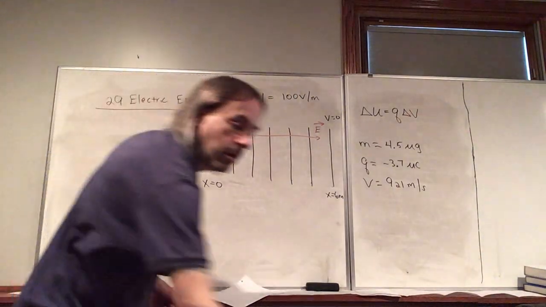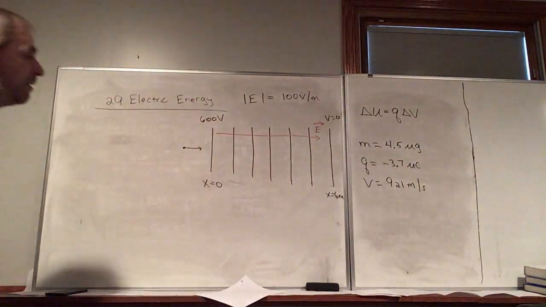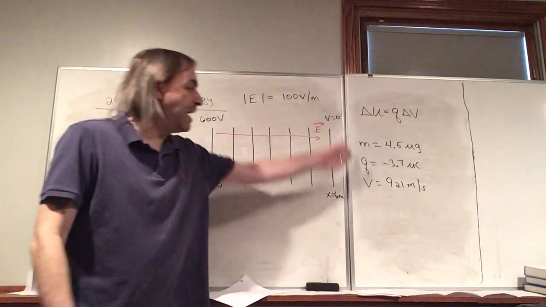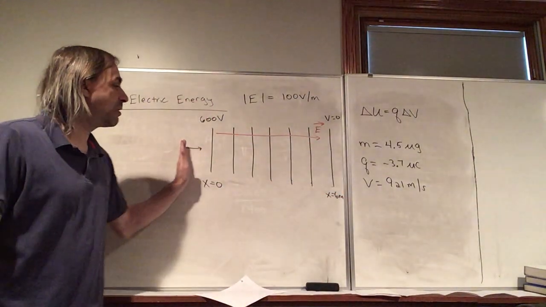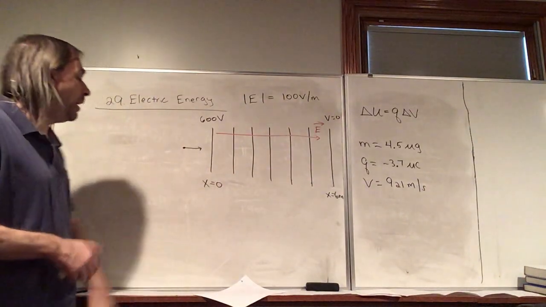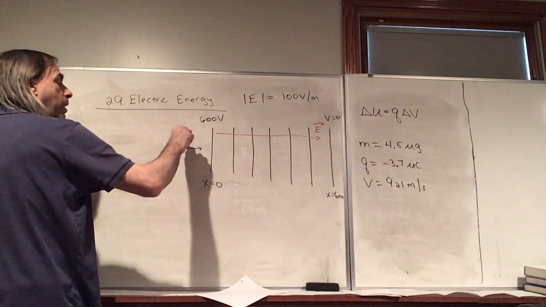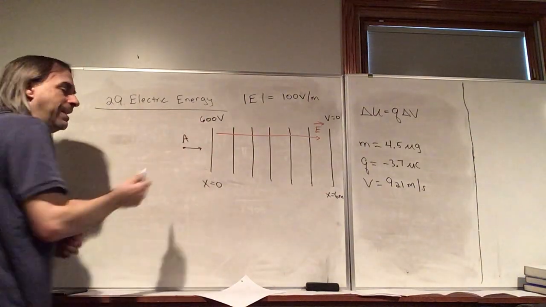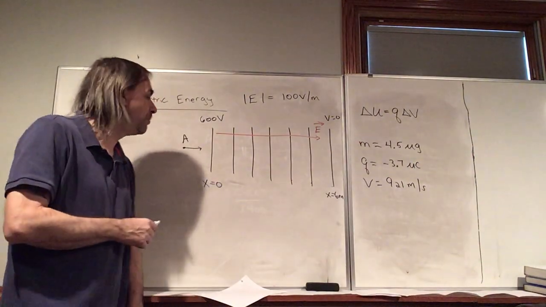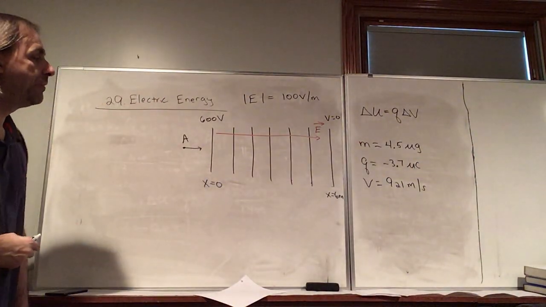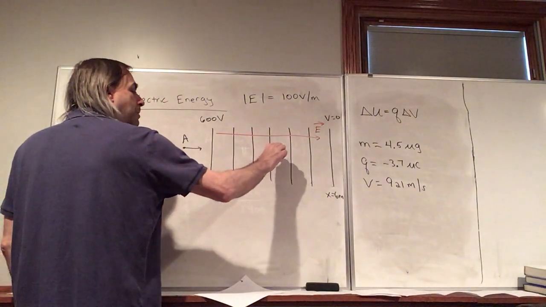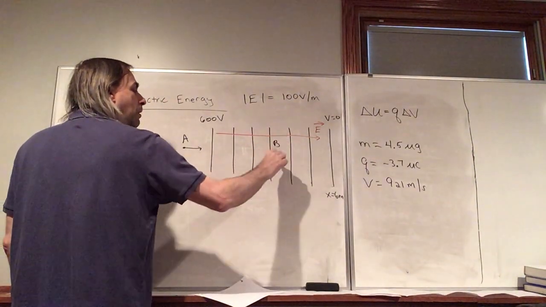Okay, so the setup part is mostly done. We have all the information we need. We just want to know how far this particle is going to go before it stops. So I'm going to label this point A. It's not in the electric field yet. We'll say this whole thing is done in a vacuum. So this is point A, and it's going to stop somewhere. I have no idea where, so I'm just going to pick some random spot in here and say B.